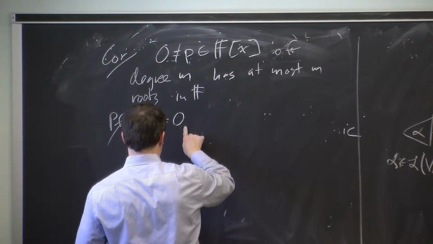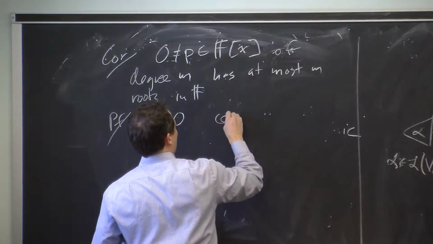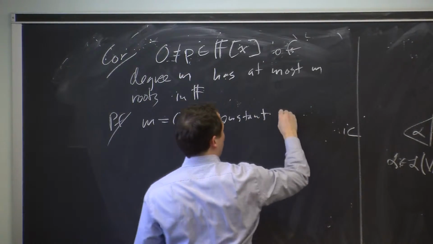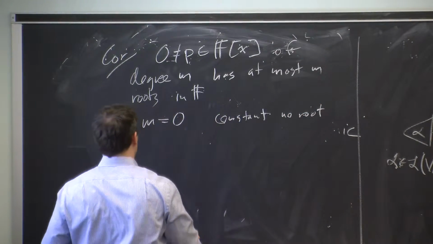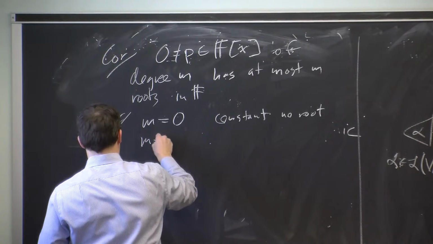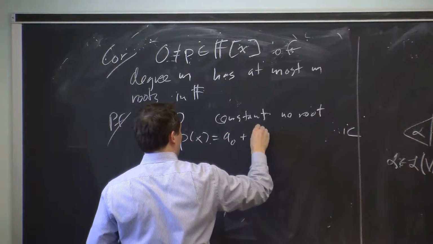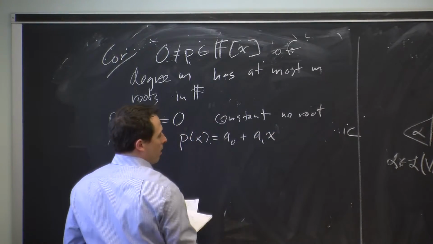So to say that the degree of the polynomial is 0 is that it's constant. And since it's non-zero, it has no roots. That means it's just a constant, which is not 0. If m equals 1, then p of x is some constant a0 plus some coefficient a1 times x to the 1.